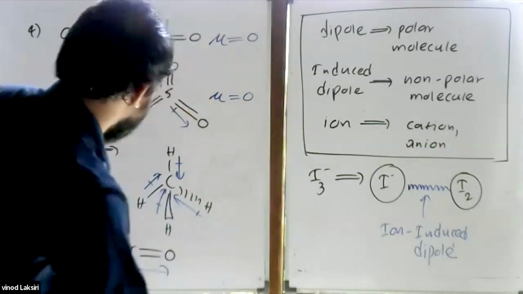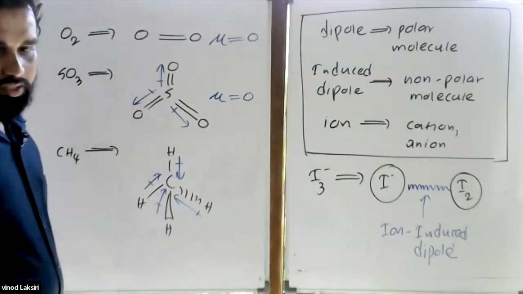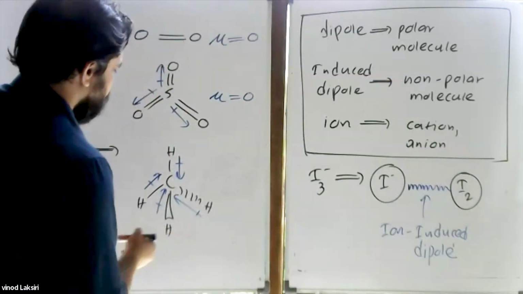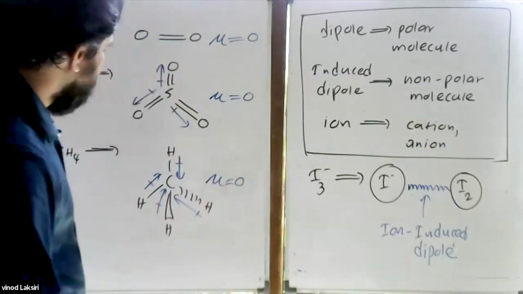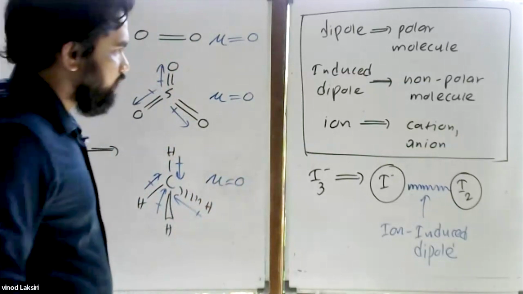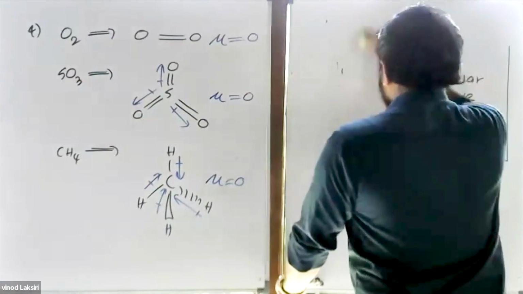So generally, the net dipole moment of symmetric molecules is 0. So this one is also 0. Therefore, all are non-polar molecules, right? Therefore, the fourth statement is true. It is the answer, right?